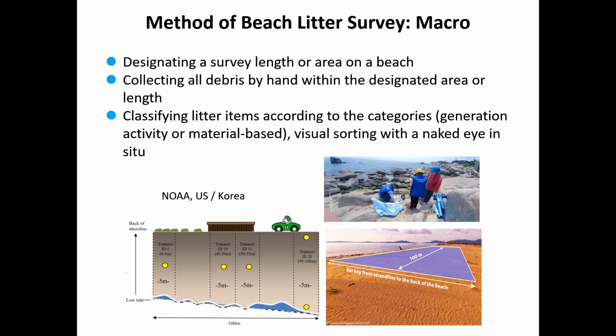Usually, this marine litter can be collected by hand and then recorded directly onto the data card. Using a scale for weight, the number of units per area or unit length, and the weight can also be determined. Then the result is divided according to material or cause of generation.